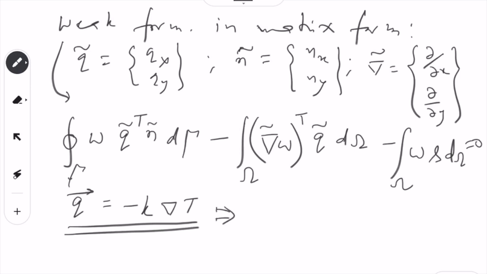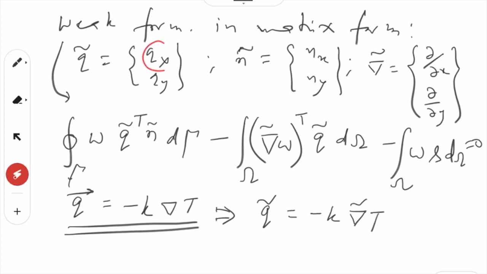So in matrix form, this will be simply q tilde equal to minus k, and then we have del tilde, which is like this one, and then multiplied by t. So that we have qx equal to minus k dt over dx and qy equal to minus k dt over dy. So this also we can put it here.